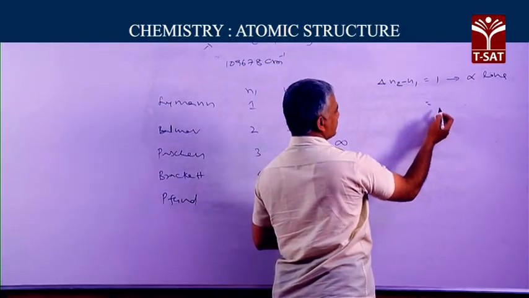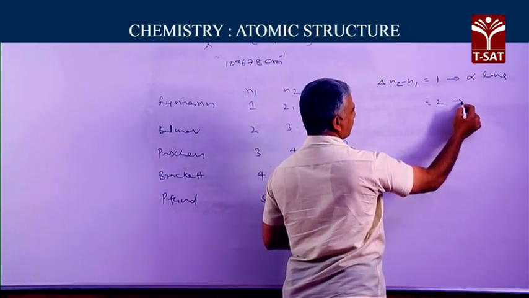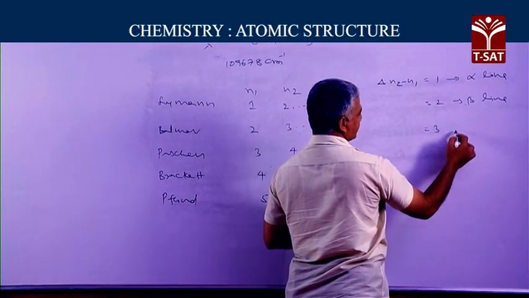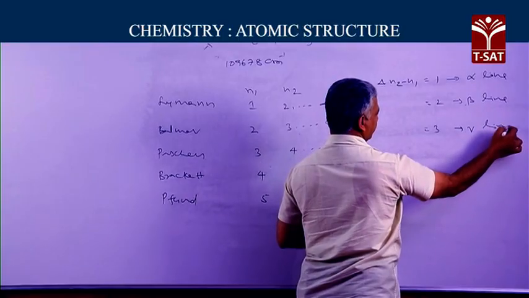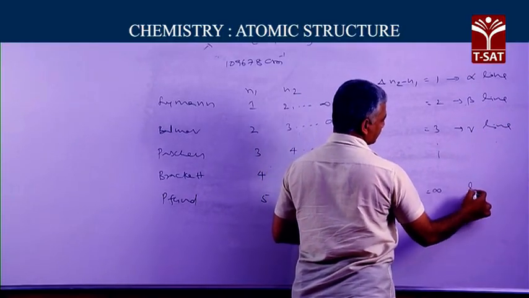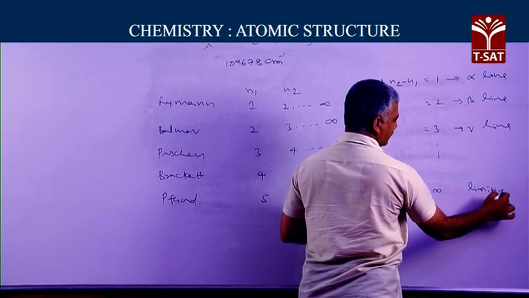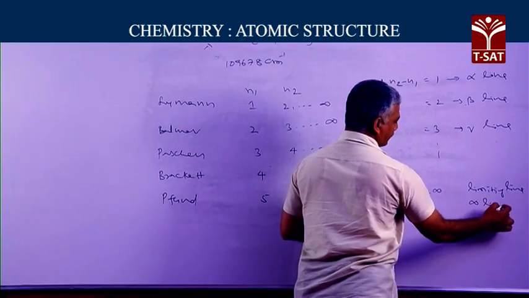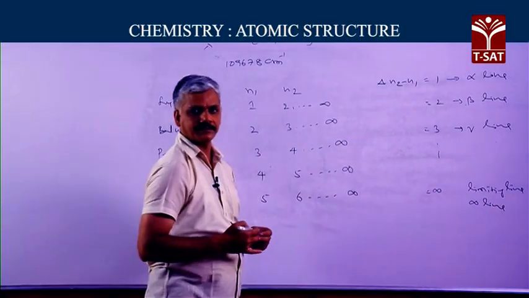If the difference is equal to 2, that will be called the beta line. If the difference is 3, gamma line, and if the difference is infinity, then it is called the limiting line of the spectrum, or it is also called the infinite line of the spectrum.